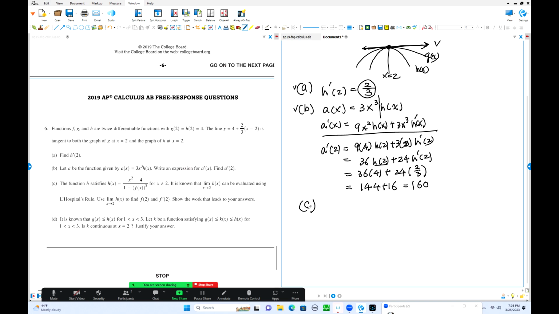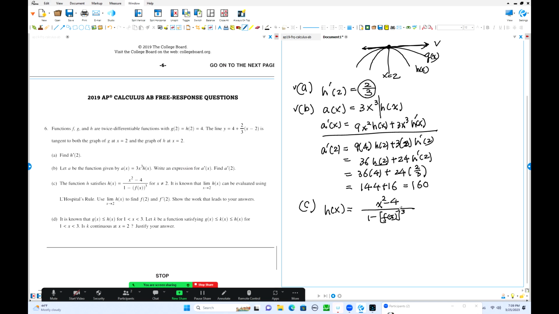The function h is defined this way: h of x equals x squared minus 4 over 1 minus f of x cubed, where x cannot be 2.